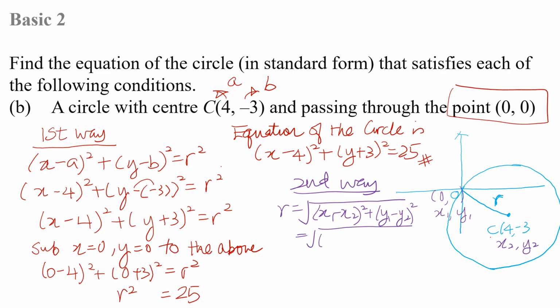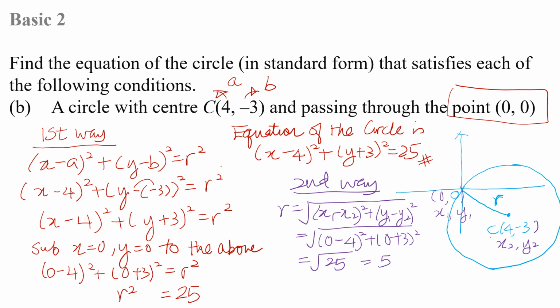Your x1 will be 0, minus 4, plus y1 to be 0 also, minus 3, that will give you positive 3. That gives you the square root of 16 plus 9, that is 25, and that gives you 5.